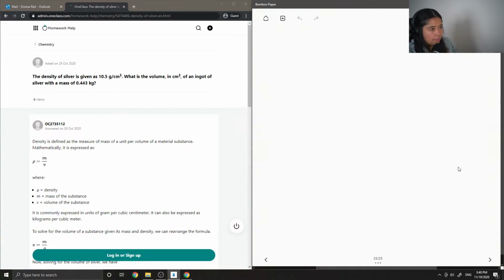Okay, so on to question 9. The density of silver is given as 10.5 grams per centimeter cubed. What is the volume in centimeter cubed of an ingot of silver with a mass of 0.443 kilograms? So this question gives us a lot of different variables. They give us density.